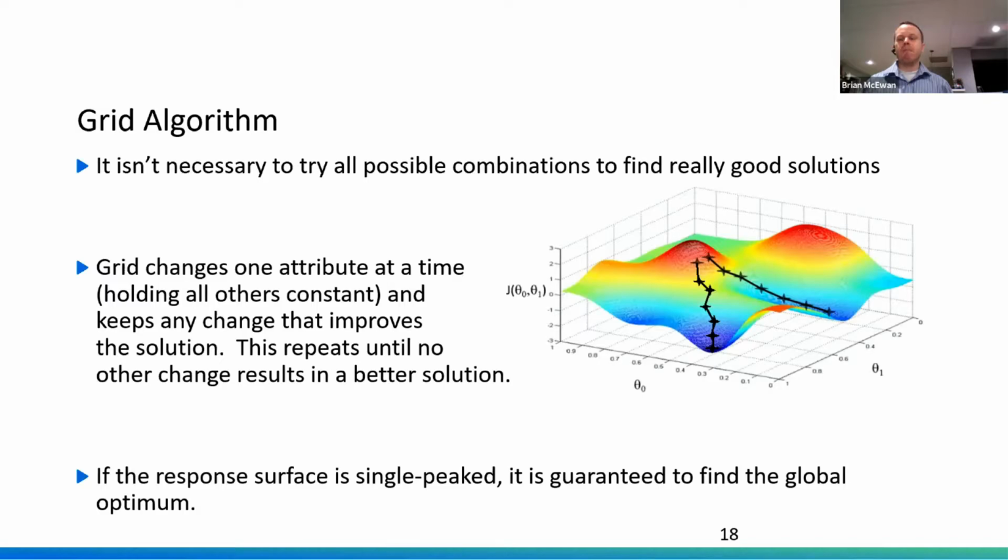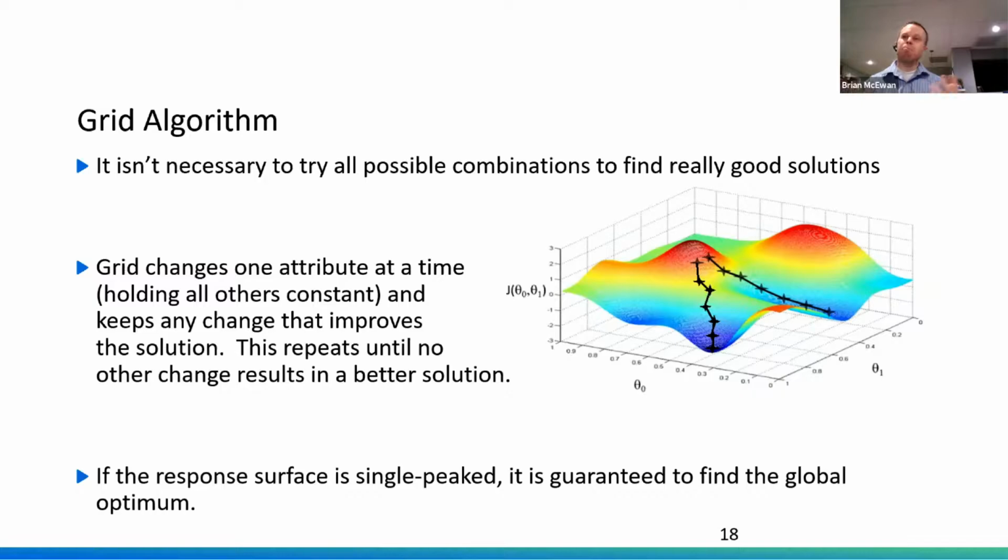Generally speaking, you can do a pretty good job with grid algorithms as long as you do them several different times. By default, we will run this 10 times using 10 different starting points to try to avoid always climbing up a small hill when there might be a bigger hill somewhere off the map a bit further.